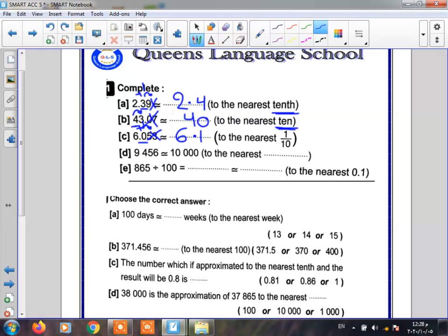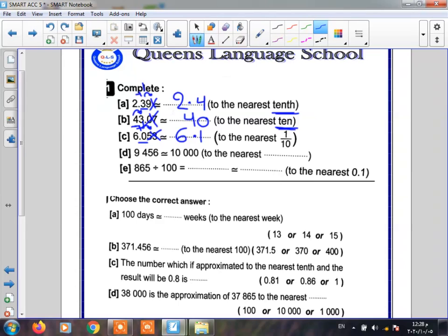9,456 approximately equal 10,000. So this number make it approximated to the nearest what? To solve this problem, look at the number after the approximate and count the number of zeros. If you find just 1 zero, that's mean here we make it approximate to the nearest 10. If you find 2 zeros, so here we make approximate to the nearest 100.